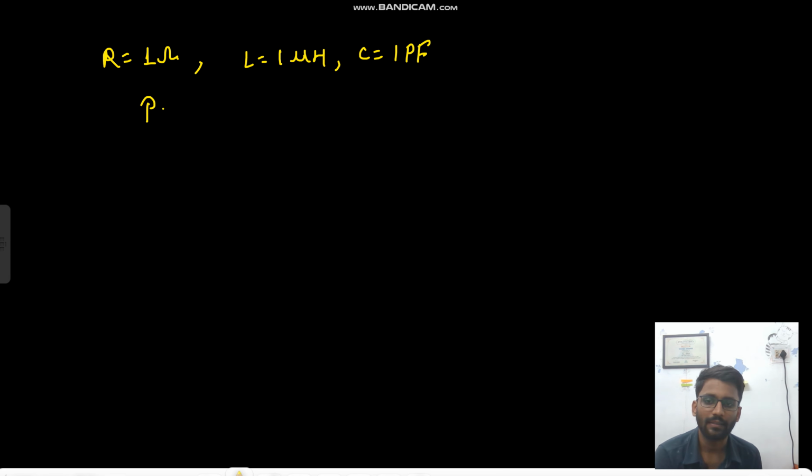So now I will give you an intuitive approach here. We are given that your R is 1 ohm, your L was 1 micro Henry, and your C was 1 picofarad, and this was parallel RLC, right? Parallel RLC. Okay.